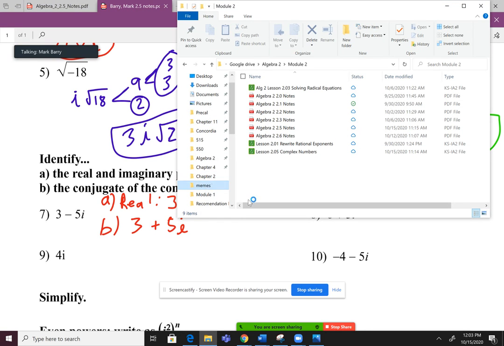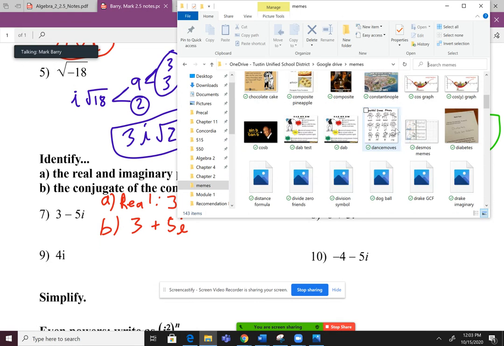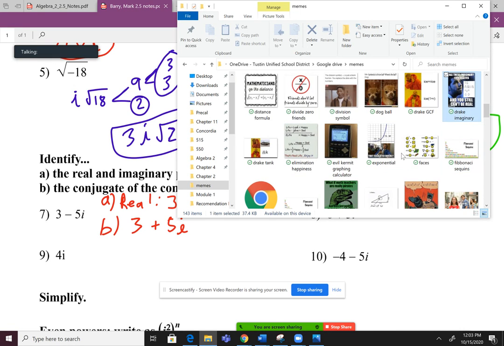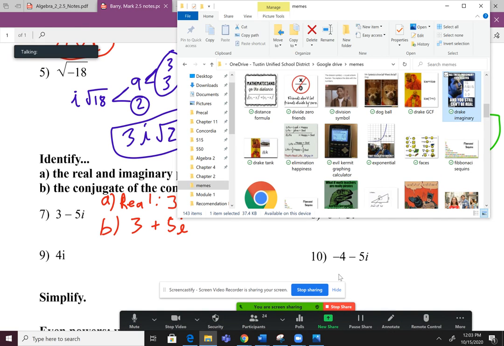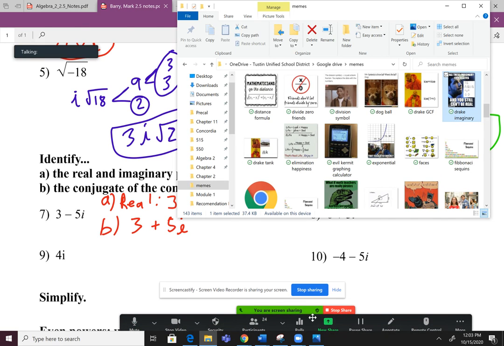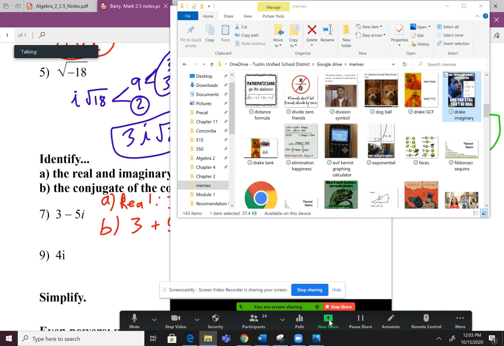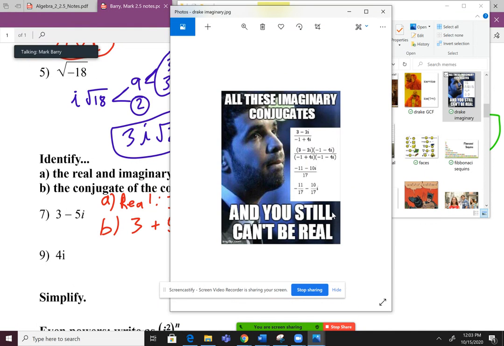Remember yesterday I also did show you that Drake meme, or I'll pull it up again because the Drake meme is crucial to understanding of imaginary numbers. If I can find it here. There it is. All right, let's review the Drake meme.